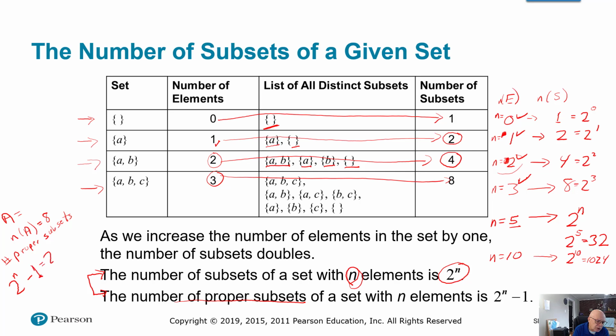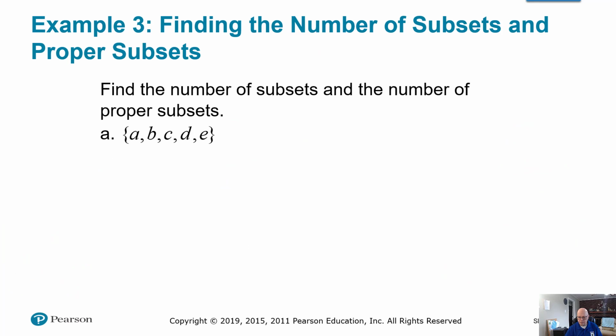So it'll be 2 to the 8th, subtract 1. 2 to the 8th is 256 minus 1. So if your set has 8 elements in it, it can have 255 proper subsets from it.